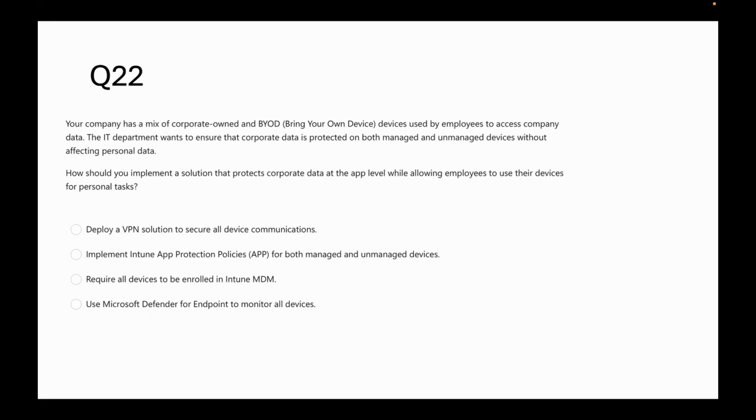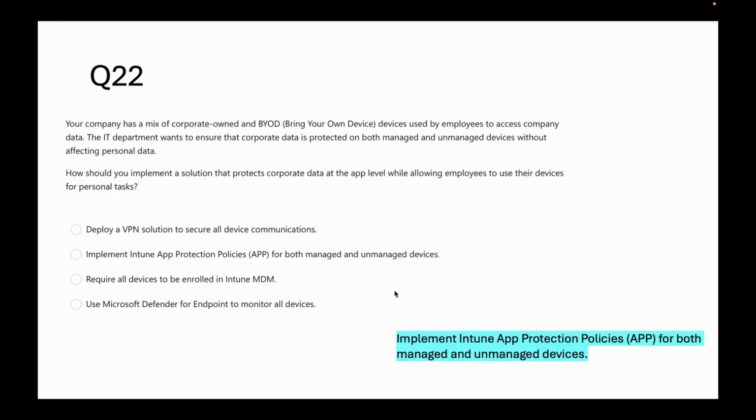And use Microsoft Defender for Endpoint to monitor all devices is incorrect because it focuses on endpoint security rather than specific app level data, right? So what should be the right answer? The right answer should be implement Intune app protection policy for both managed and unmanaged devices. That would be the correct answer, answer B.